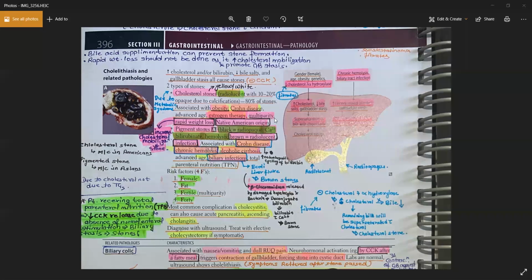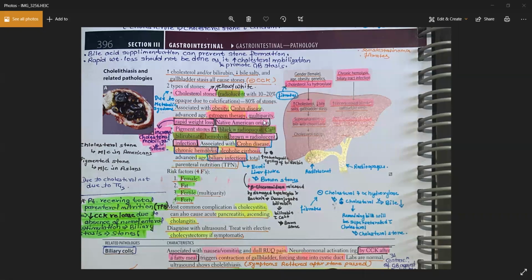Say it again. Gallbladder hypomotility because of progesterone. Yeah, exactly. Because of a high level of progesterone, it will cause gallbladder hypomotility, and because of a high level of estrogen, it will cause a very high level of cholesterol. So because of low motility and a high level of cholesterol, that can cause cholesterol stone formation. So multiparity is a very important cause for the cholesterol stone.